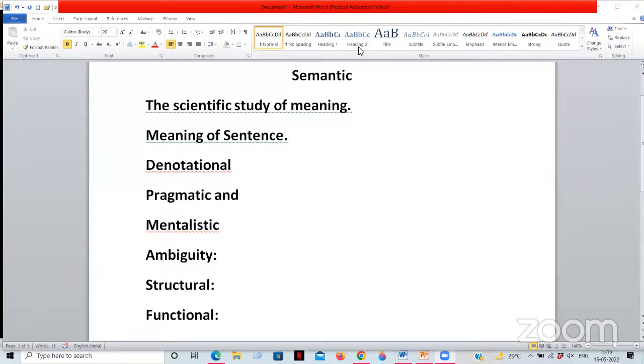More than two interpretations. Okay, more than two interpretations of something is called ambiguity. Ambiguity is a vague kind of meaning, when a word may have more than one or two meanings.